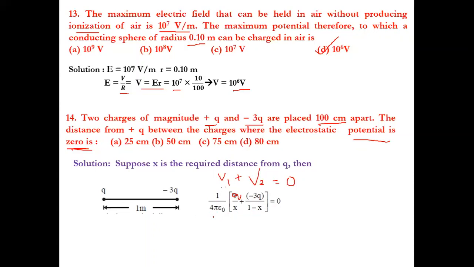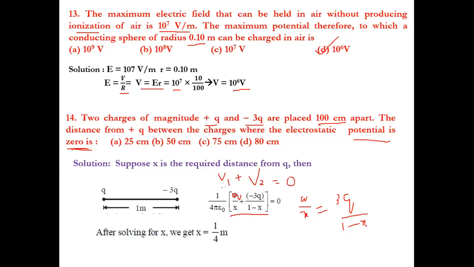You know that 1 by 4 pi epsilon naught cannot be equal to 0, therefore the quantity inside the bracket is equal to 0. So we have to solve that. I can show you the steps for solving here. It is actually Q by X minus 3Q by 1 minus X equal to 0. So Q by X equals 3Q by 1 minus X. Okay, so we can calculate it.